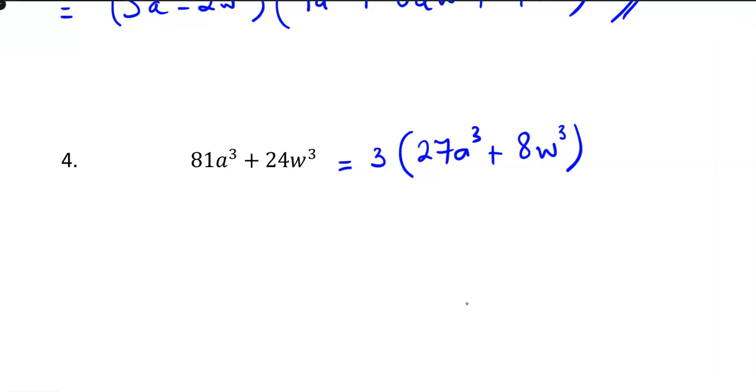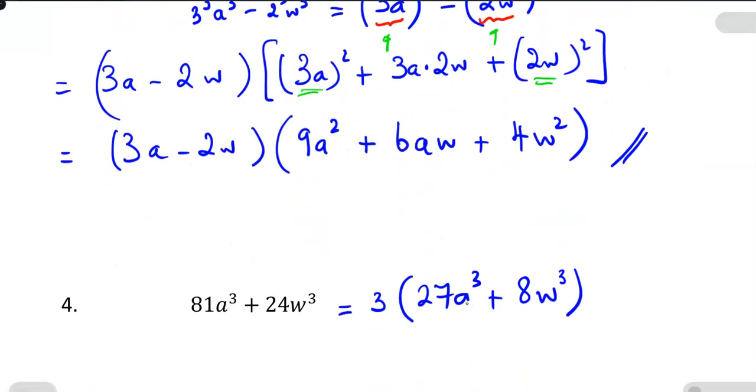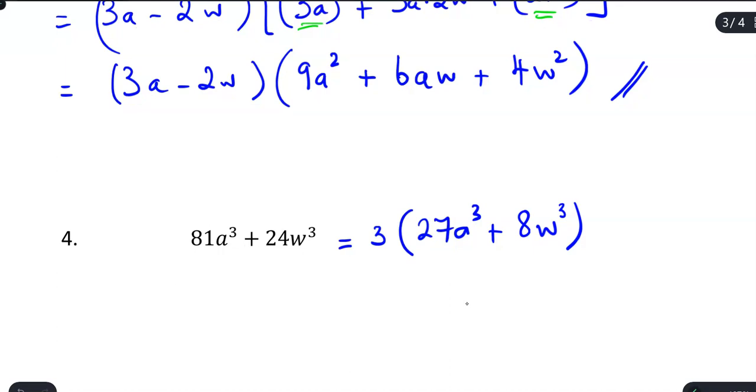Okay, you see this is very similar to the one above, but I turned it into a sum of cubes with a hidden common factor. So after I pull the common factor 3 out of this bracket, I have 27 as a 3 cubed, 8 is a 2 cubed.